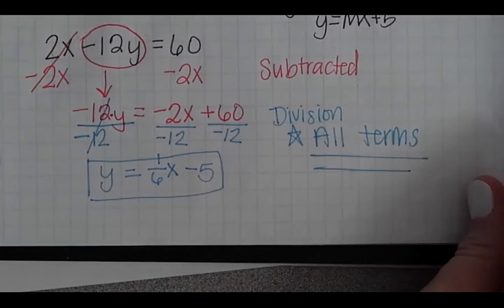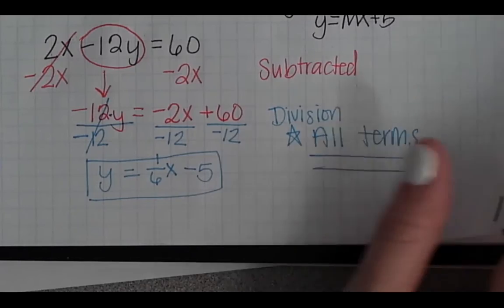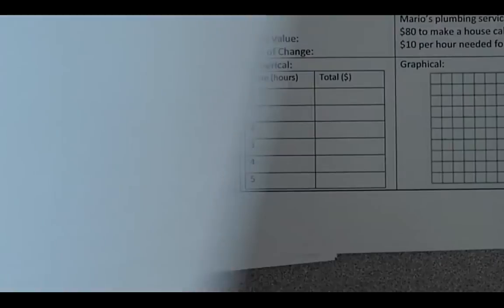Is anybody still writing that, or can I change it to the next problem? Going once, going twice. Okay, we're going to do another literal equation because I know this is probably what y'all are going to struggle with the most.